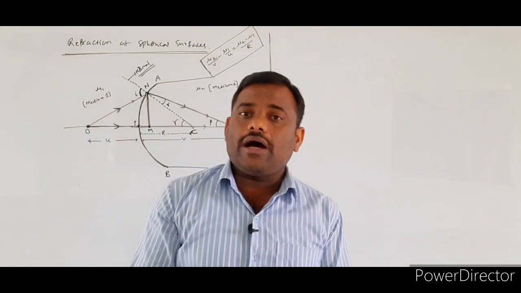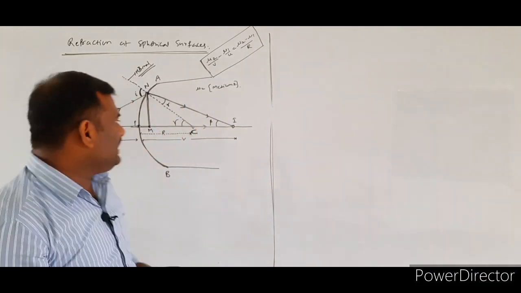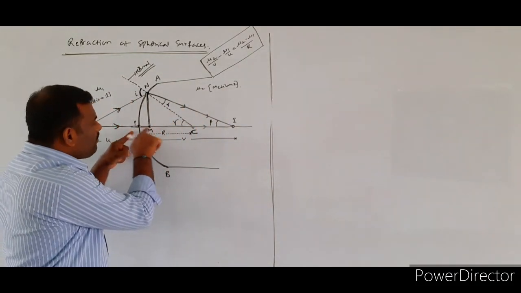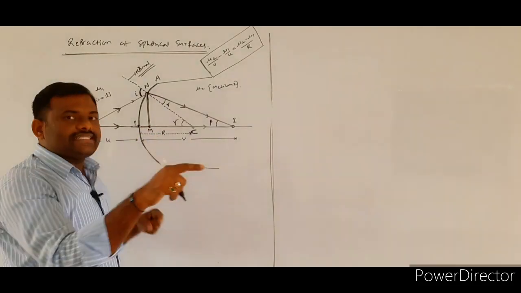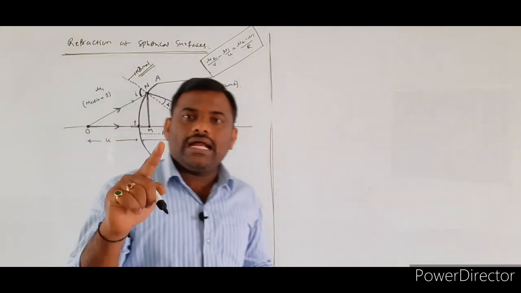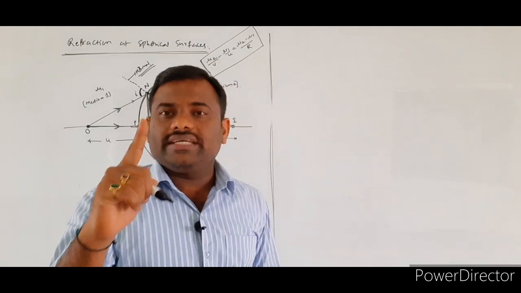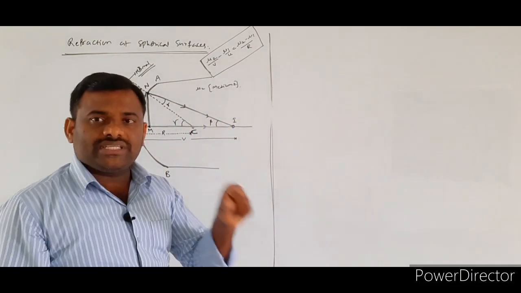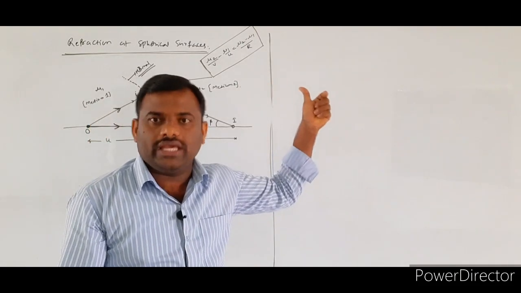Whenever the size of the aperture is very small, the points P and M are very close, and the distance of separation between P and M will be negligible. These are the assumptions we made to derive the required equation.